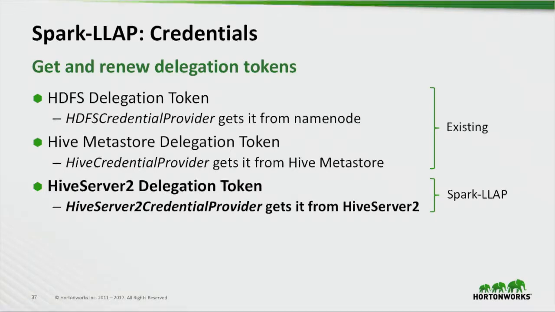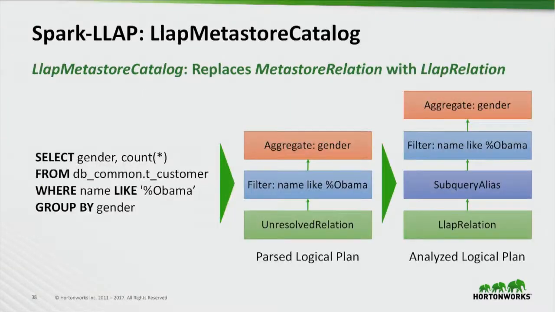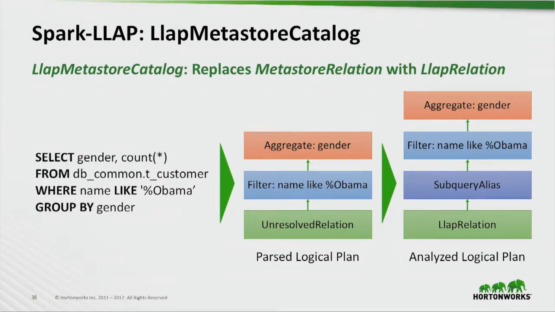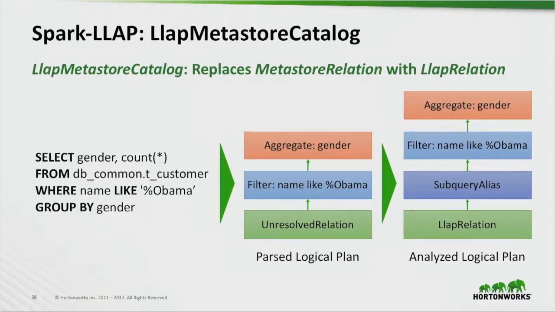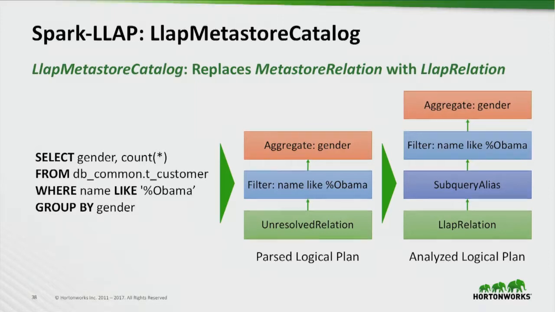Spark LLAP includes a Hive Server 2 credential provider, which takes care of acquiring the delegation token for Hive Server 2 for the communication to work properly. It also includes a modified Spark catalog, where the table reads end up being resolved using LLAP. And so then there's no direct reading of the underlying file data for a table by Spark SQL.